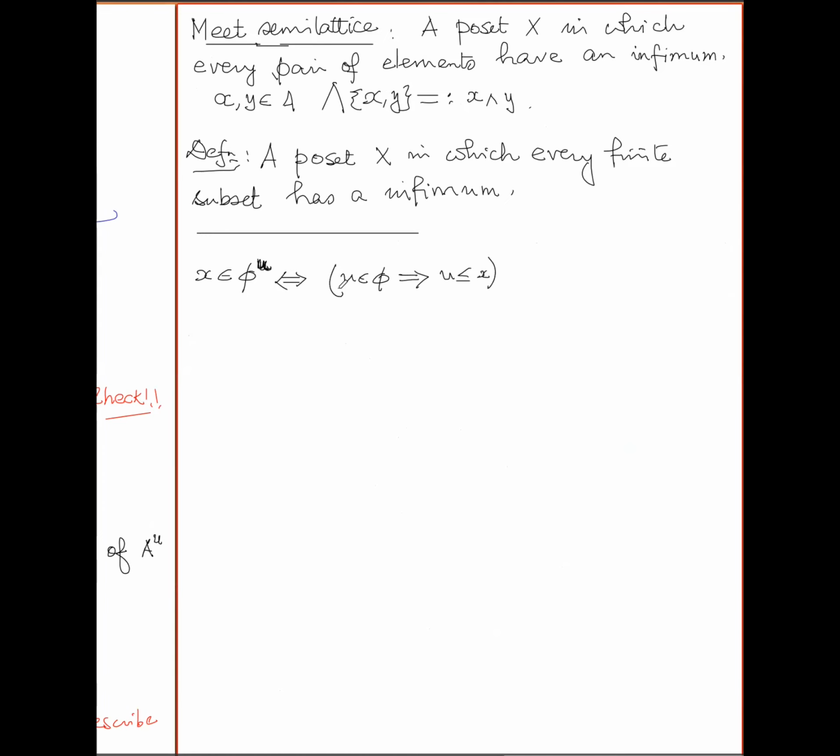Correct? Now, this is an implication. So it means that this formula has to be true. Now, when can an implication formula be false?